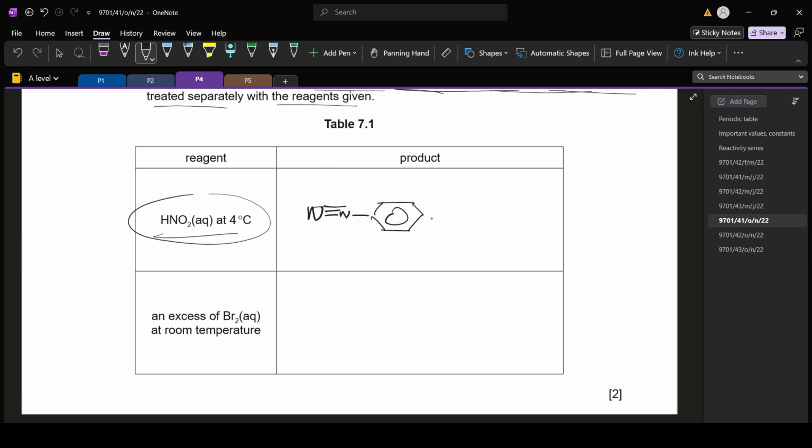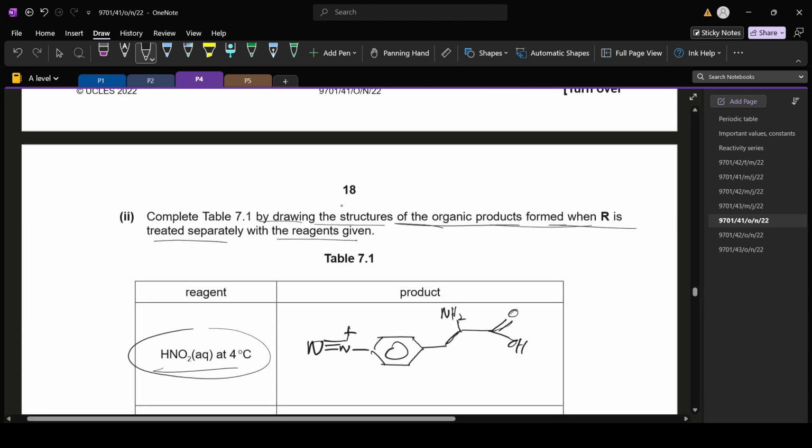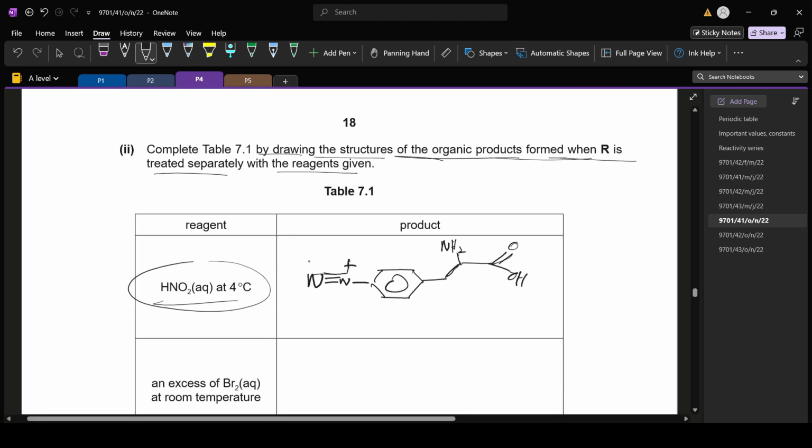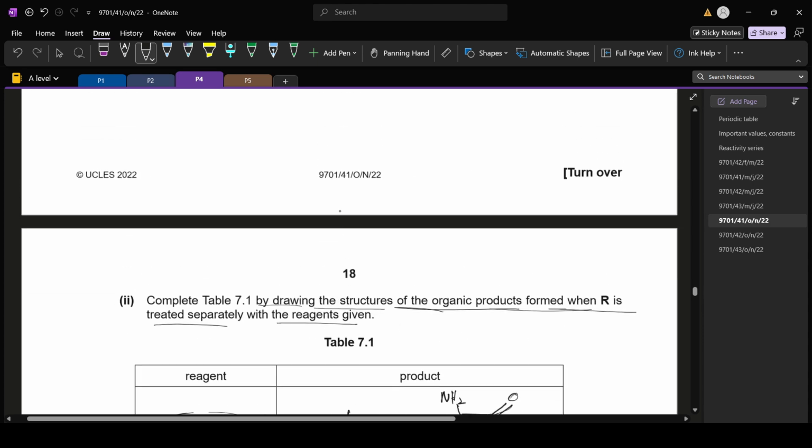You have to remember the structure of this diazonium, and this will have a positive charge. So this is the diazonium group.